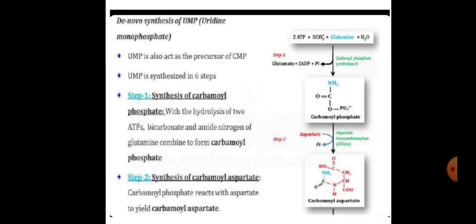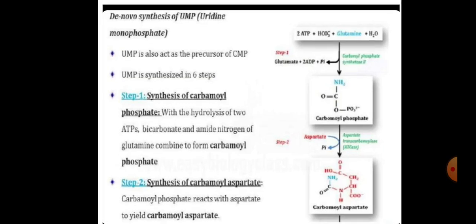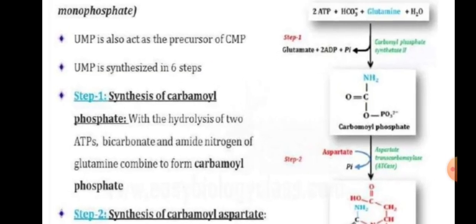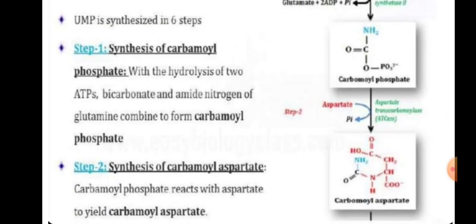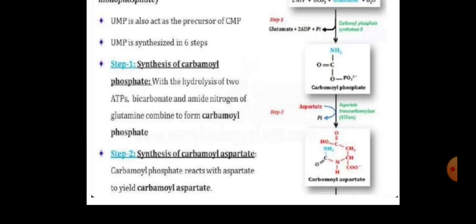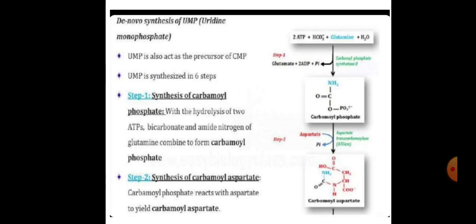UMP is synthesized in 6 steps, so the formation of UMP is completed by having 6 major steps.